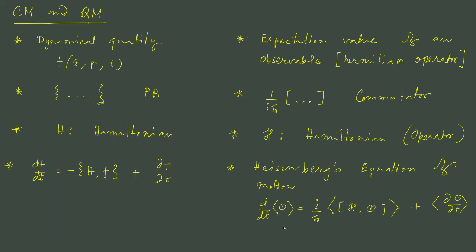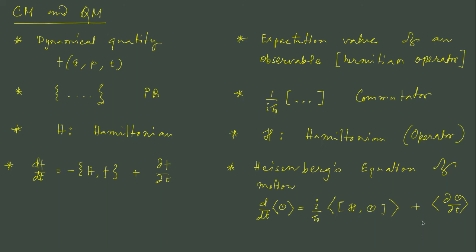And that exactly matches Heisenberg's equation of motion, where we are looking at the rate of change of the expectation value of an observable O, and that is given by the same Poisson bracket. We moved i from below to up, so that takes care of the negative sign there. Otherwise, it's exactly the same equation.